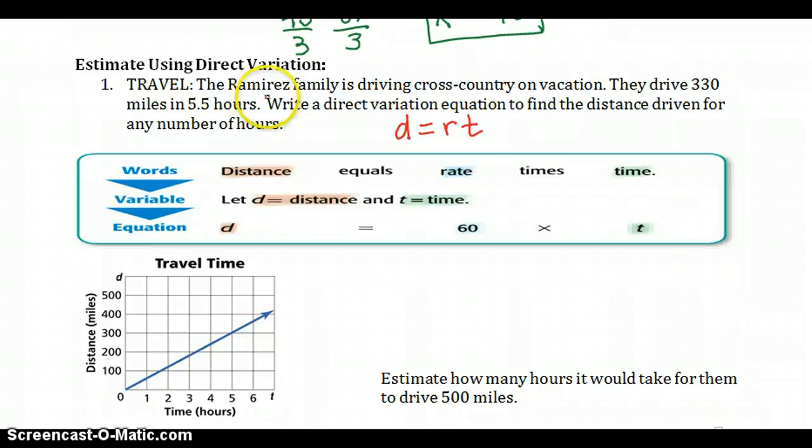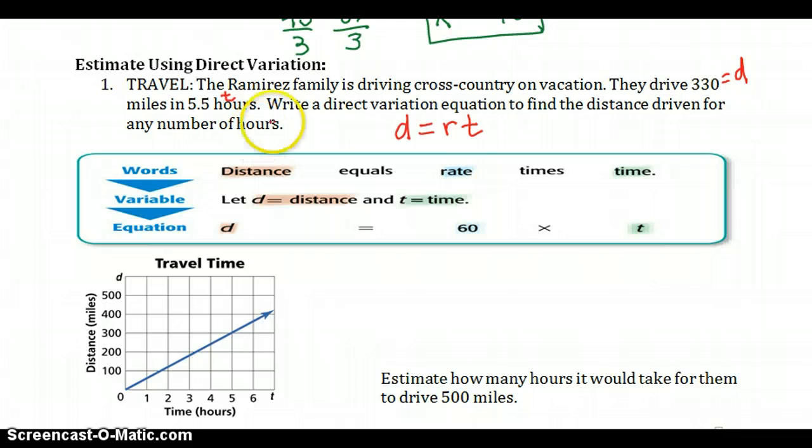So the Ramirez family is driving cross-country on vacation. They drive 330 miles in 5.5 hours. So that's our distance, that's our d, and this is our t, our time in hours. Write a direct variation equation to find the distance driven for any number of hours.